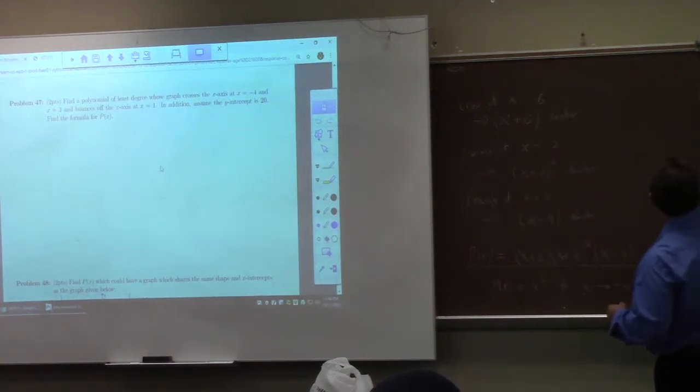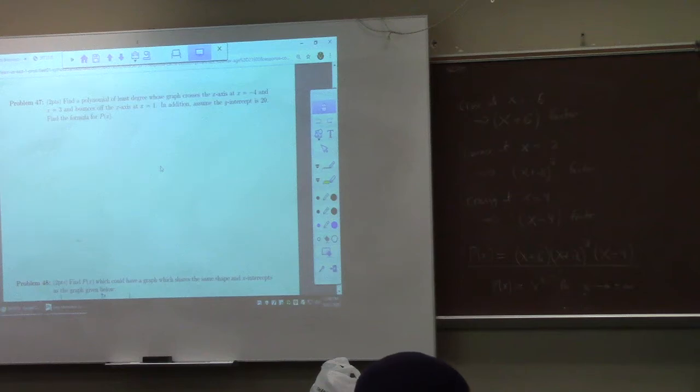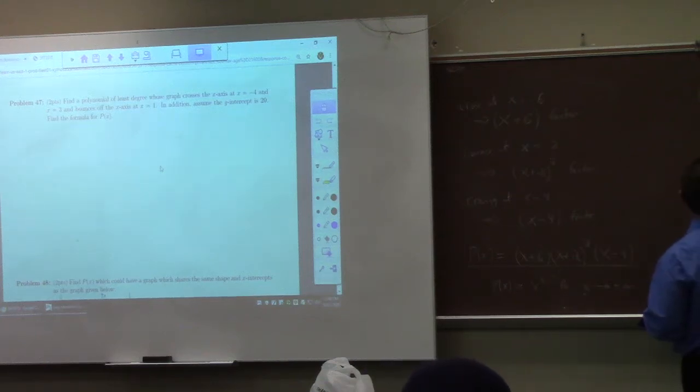So let's find a polynomial of least degree with the following features: bounce at x equals -8, and crossing at x equals 1, and a bounce at x equals 6.